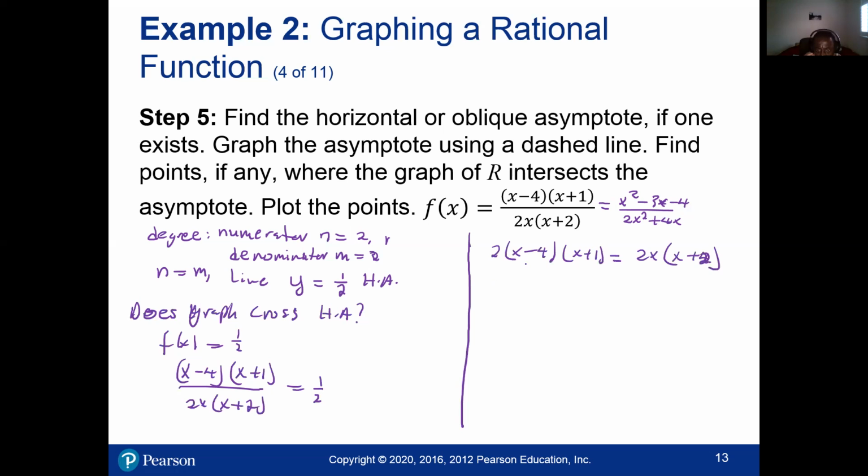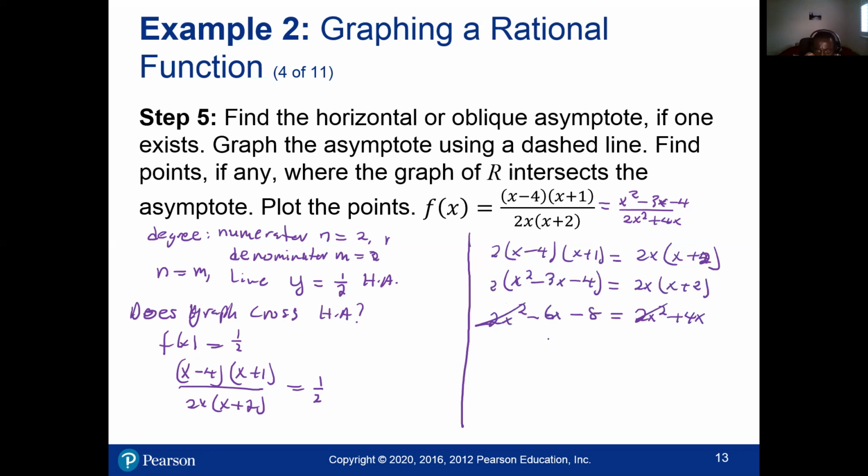Okay, so let's multiply this out. You have 2 times x squared minus 3x minus 4, equal to 2x times x plus 2. So if you multiply this, you have 2x squared minus 6x minus 8 is equal to 2x squared plus 4x. Now, if you subtract 2x squared, this will cancel out.